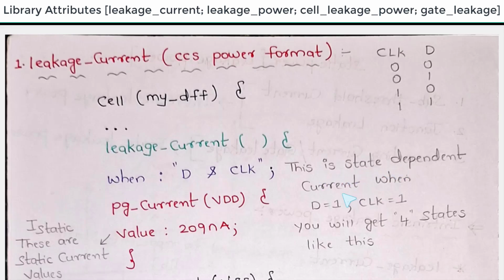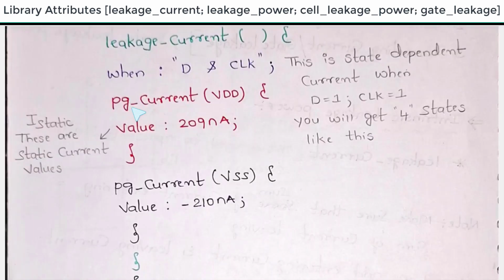So for each and every combination we get a value. This is state dependent current. When D is equal to 1 and clock is equal to 1, you will get 4 states like this. Depending upon the when conditions, we will get the value. You can see here PG current with respect to power VDD, the value is 209 nanoamperes, and PG current with respect to ground, that is VSS, the value is minus 210 nanoamperes.